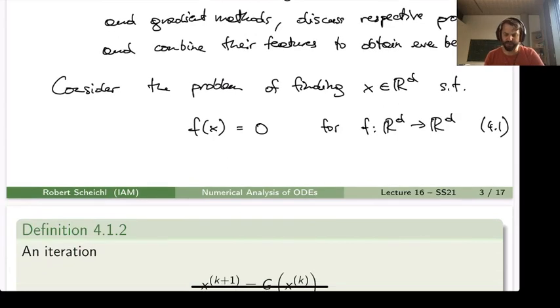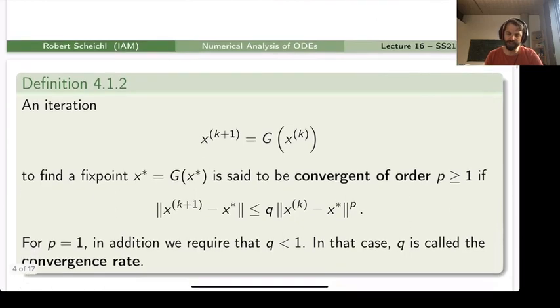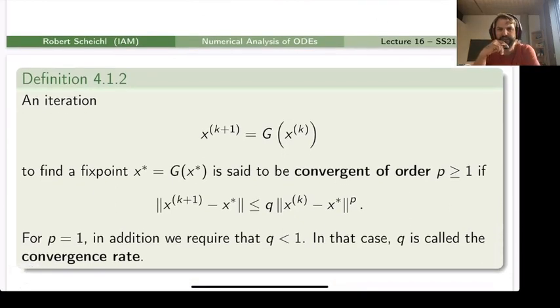Again, a recap from Numeric 0. An iteration x_{k+1} equals g of x_k, to find the fixed point x star equals g of x star, is said to be convergent of order p greater or equal to 1 if, and this is important here, so there is a p up here, the norm, whatever norm you want to measure the vector in, for example Euclidean norm, of x_{k+1} minus x star is less than or equal to q times the norm of x_k minus x star to the p.